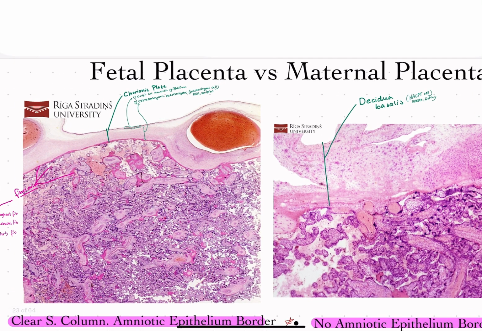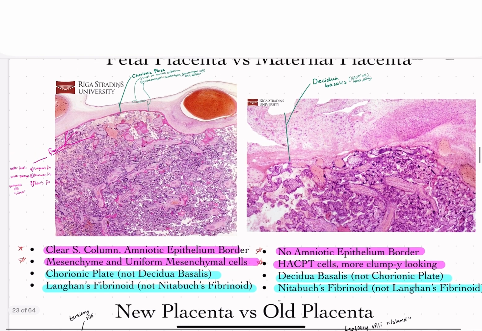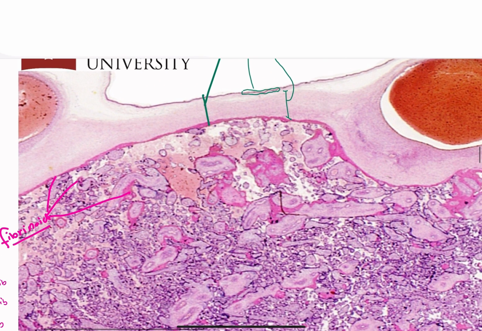The final thing about the difference between fetal and maternal placenta is a little bit more complicated. It's in fact the fibrinoid. And the fibrinoid, if we look at this part, it's a little bit more visualized, I guess.